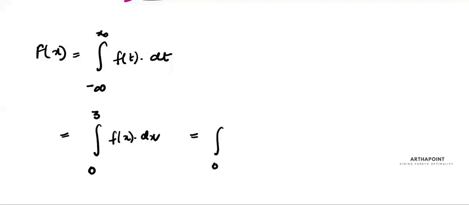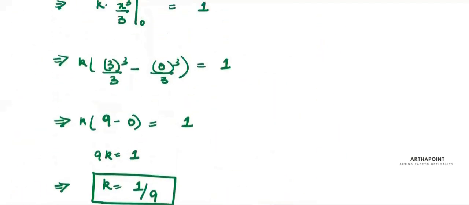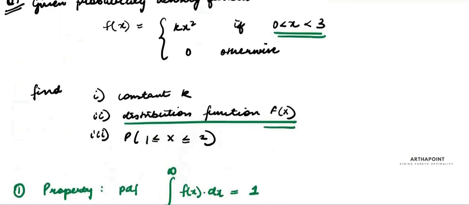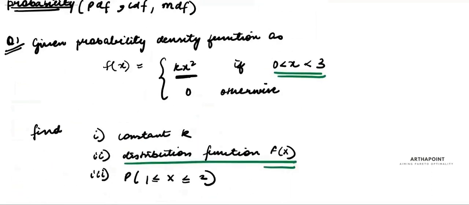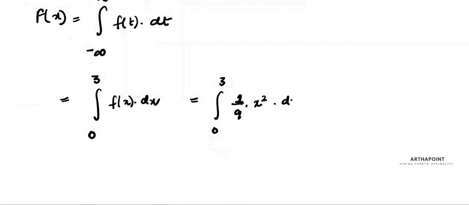The value of k is 1 by 9, and my function is kx square. So it is going to be kx square dx. So this will be x cubed by 3 into 1 by 9 from 0 to 3.